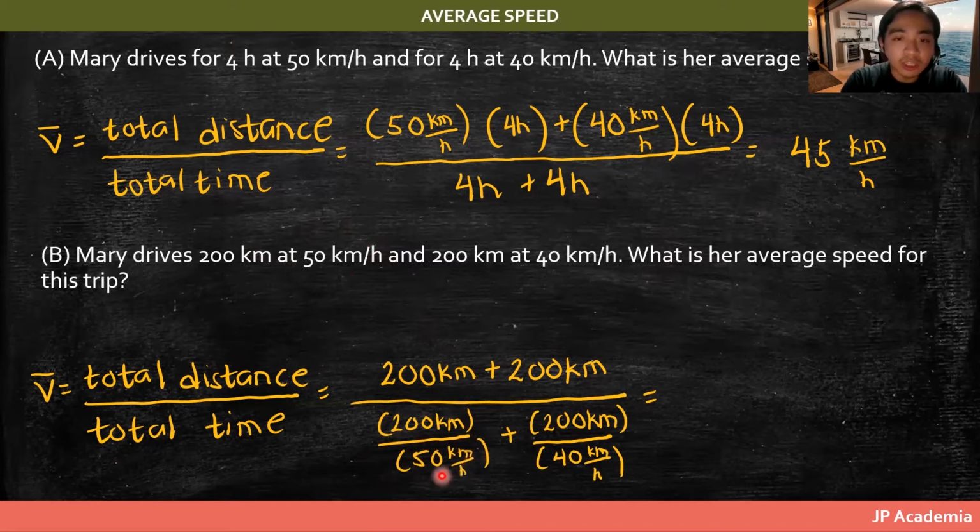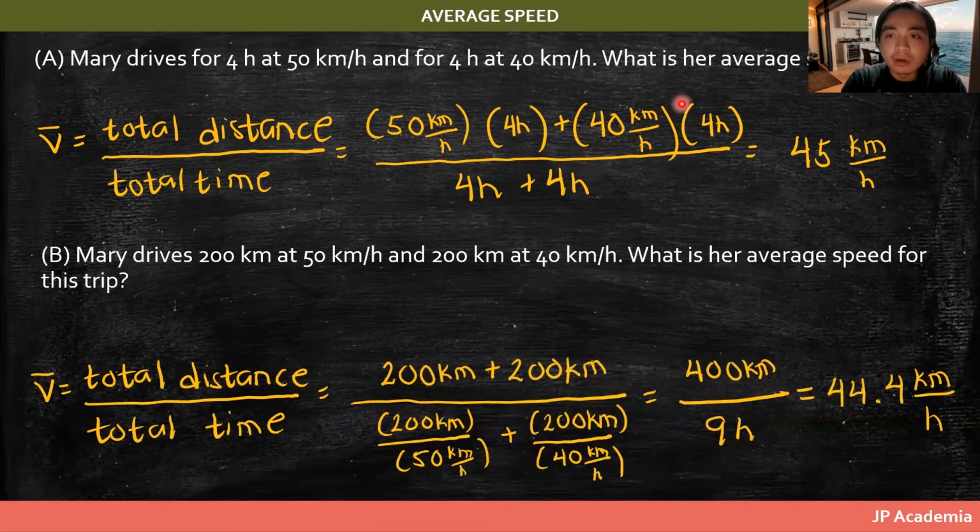Then, of course, you will get time here. You will get the total time. And therefore, sa case na to, makakuha ka ng 44.4 kilometers per hour. Okay? So, kung makikita natin, mas mataas yung nakuha natin sa letter A kung ikukumpara natin sa nakuha natin sa letter B. Okay? So, next problem.